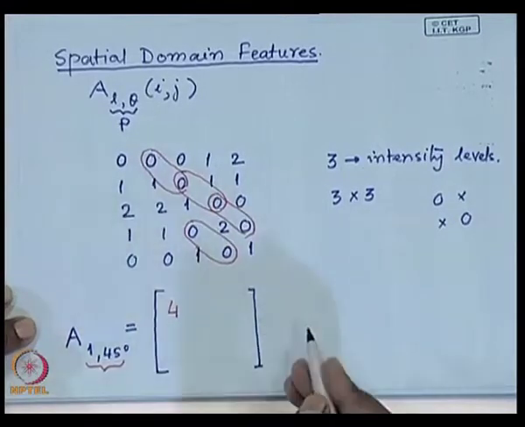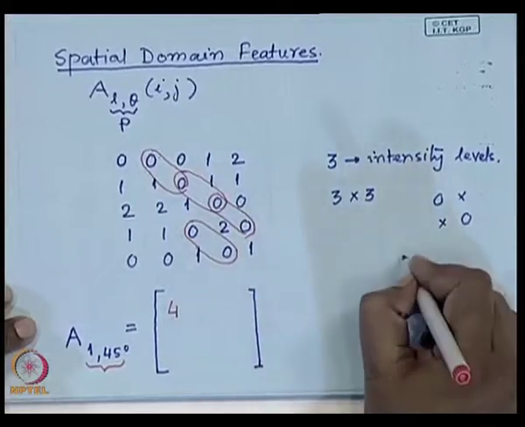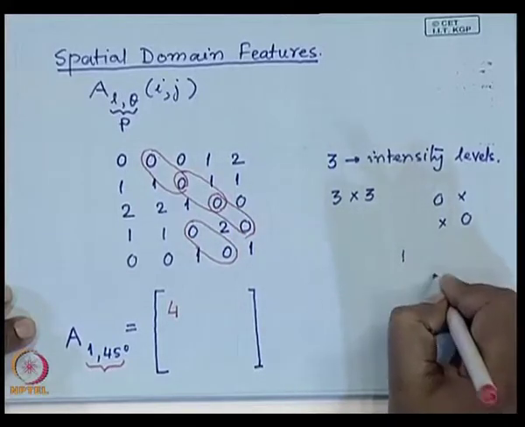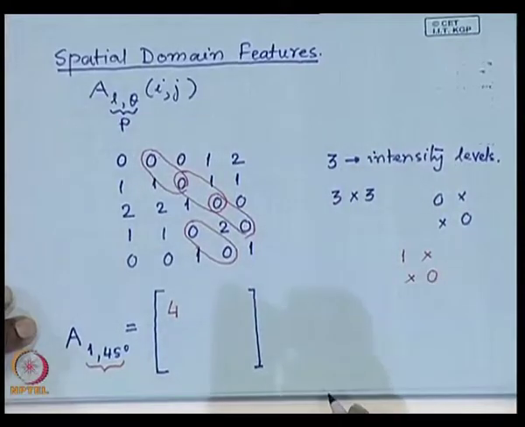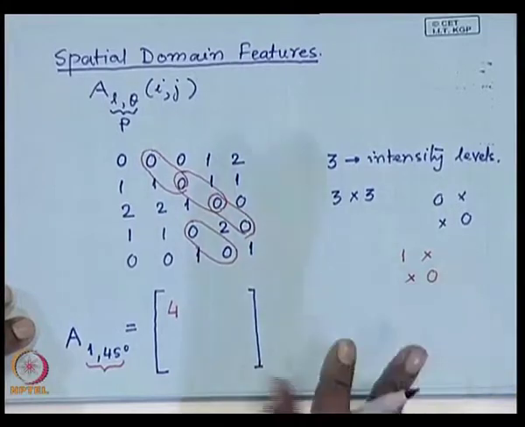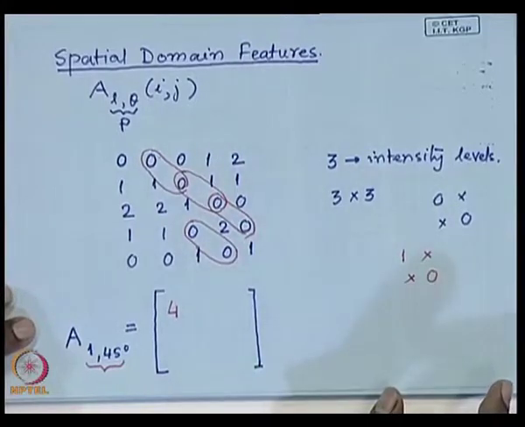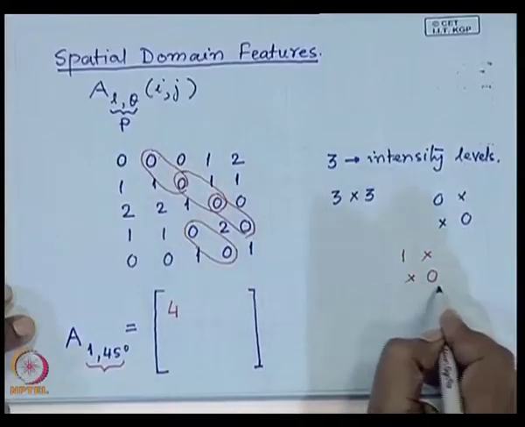Then coming to 0 1, I have to have a pattern of this form, 1 0. I do not bother about these 2 locations, because my position parameter is 1, direction is 45 degree, and 0 1 means the occurrence of 0 with respect to 1 following this position parameter. So, the kind of intensity pairs that I have to have is 1 0 like this.